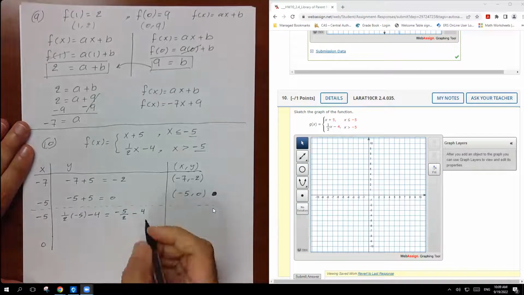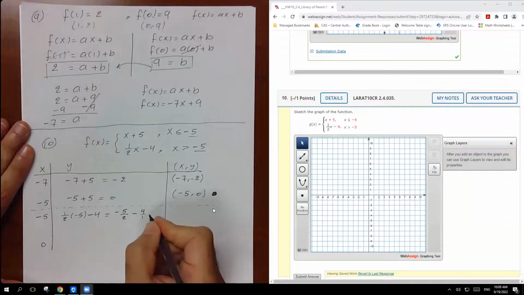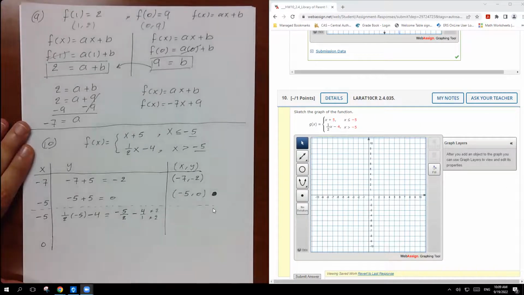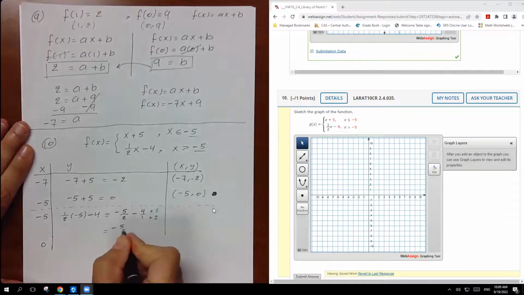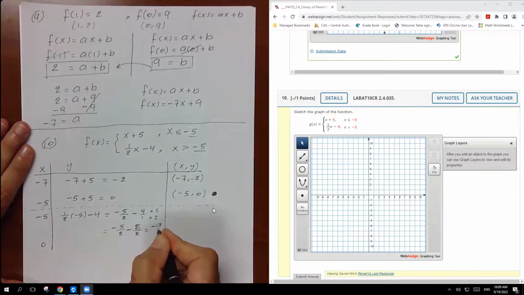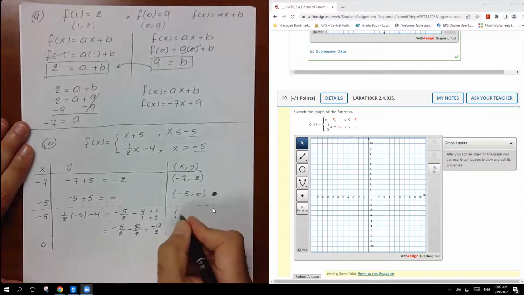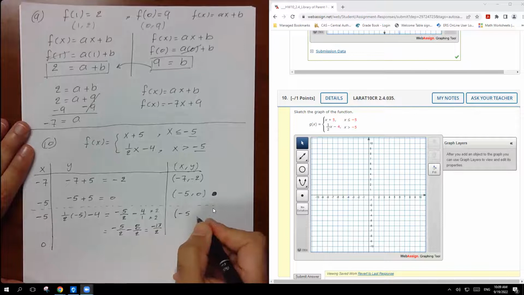I can write the 4 as 4 over 1, and then get the same denominator, so multiply by 2, multiply by 2. So this is negative 5 over 2 minus 8 over 2, which is equal to negative 13 over 2. So this point is negative 5 and negative 13 over 2.